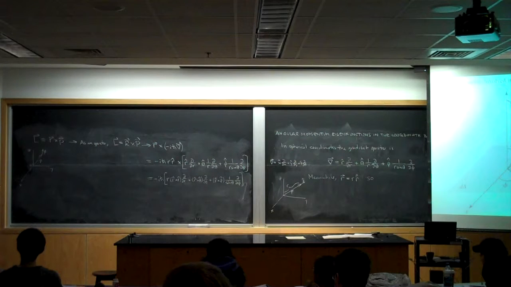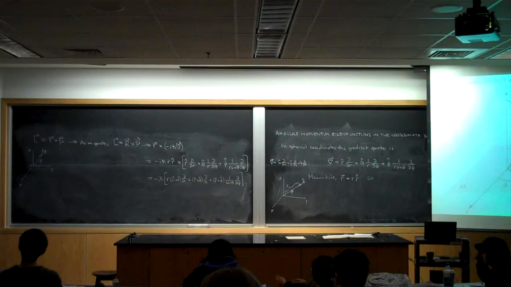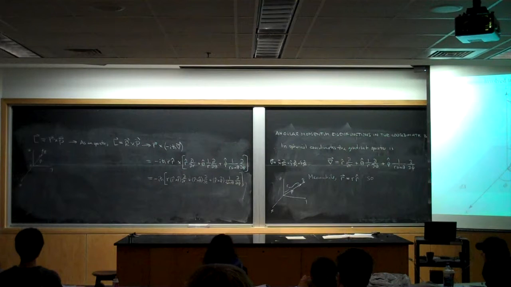Meanwhile, what is r hat cross phi hat? R hat cross phi hat, my thumb is pointing in the direction opposite to theta hat. So r hat cross phi hat is equal to minus theta hat.